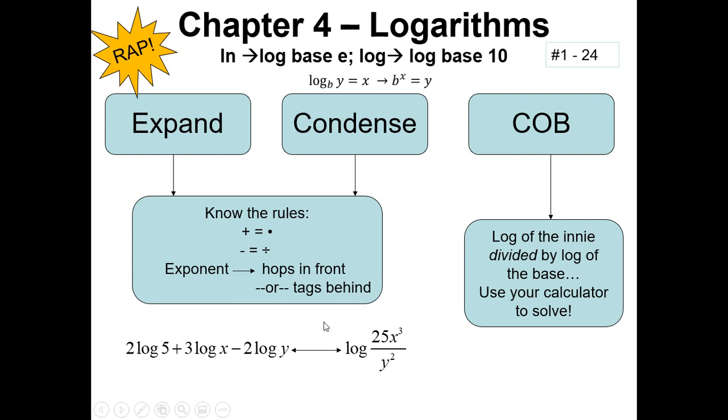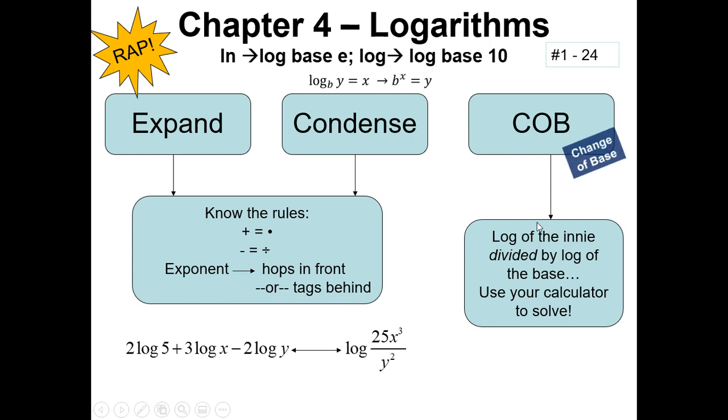Adding those logs together is the same as multiplying them within the log. And here I've got y squared. Subtracting that log is the same as dividing by y squared inside the log. So this expression can be simplified to this expression here.